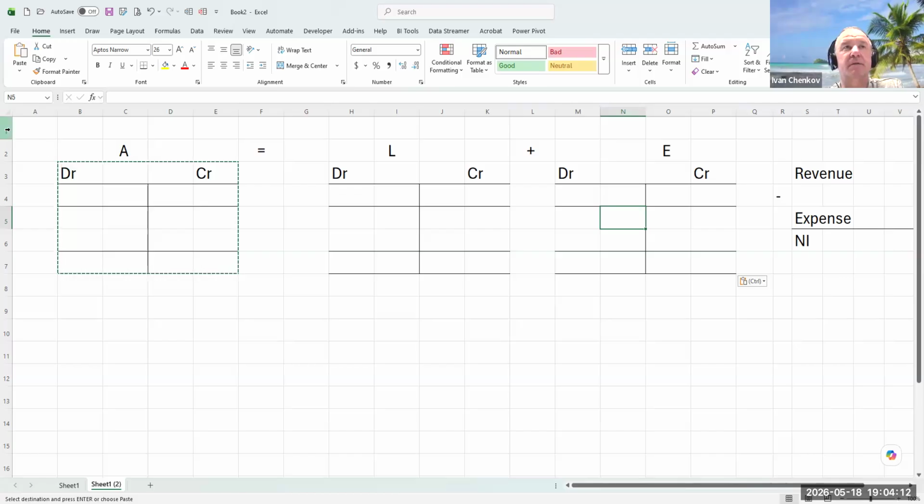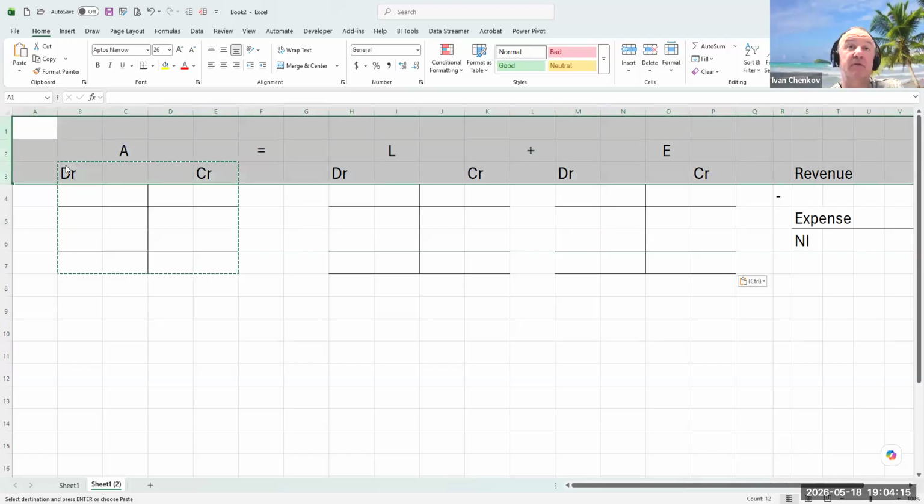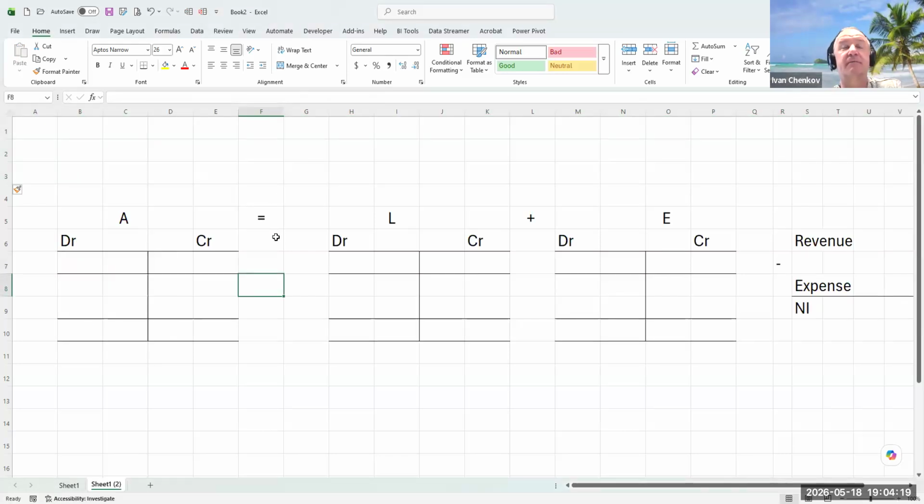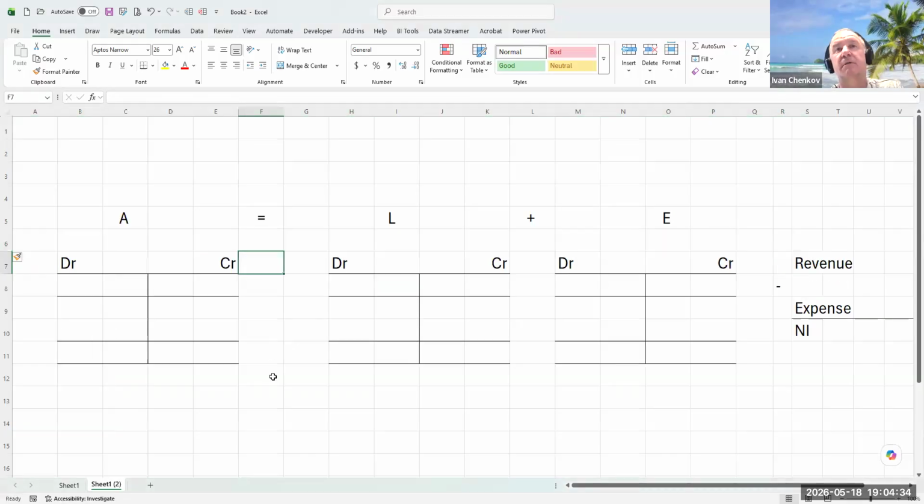Now the question is, each account is going to have its normal balance, and each account is going to have debit and credit. The question is, how would we know which is a credit and which is a debit, and what the debit is, what the credit is? That always depends on the accounting equation, on which side of the accounting equation we are.